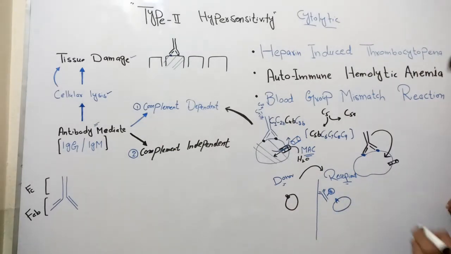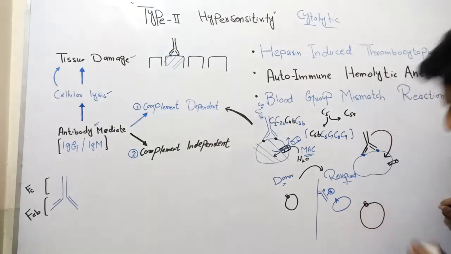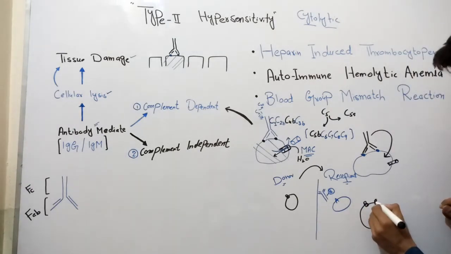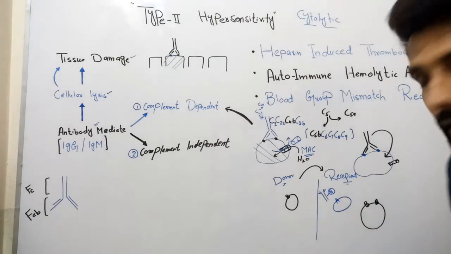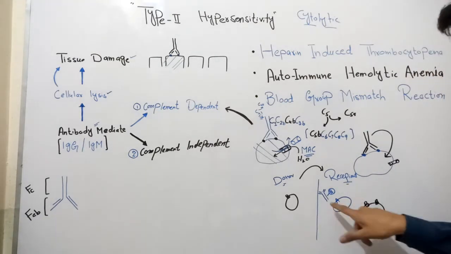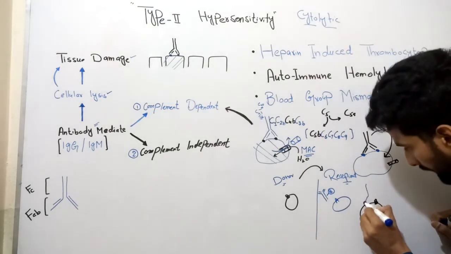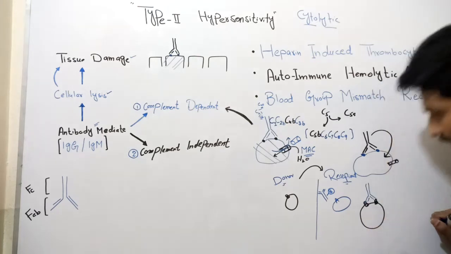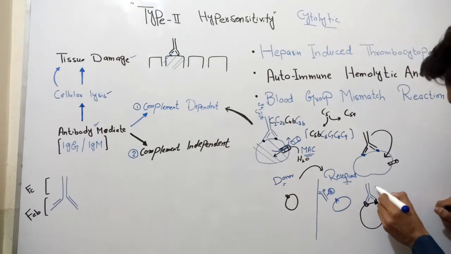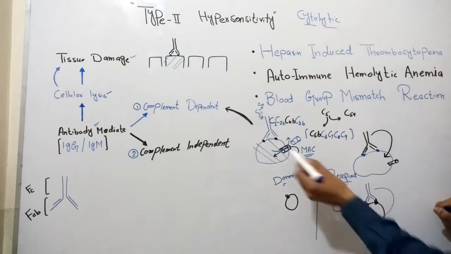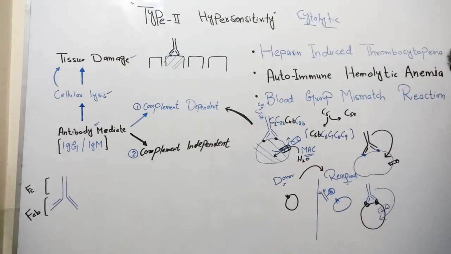Now what will happen? Now this B blood group has entered, having B antigen on the surface of red blood cells. But we know that the recipient was having anti-B antibodies. Now these anti-B antibodies will attach on these B antigens, and they will start cellular damage by complement dependent pathway by producing MAC protein.